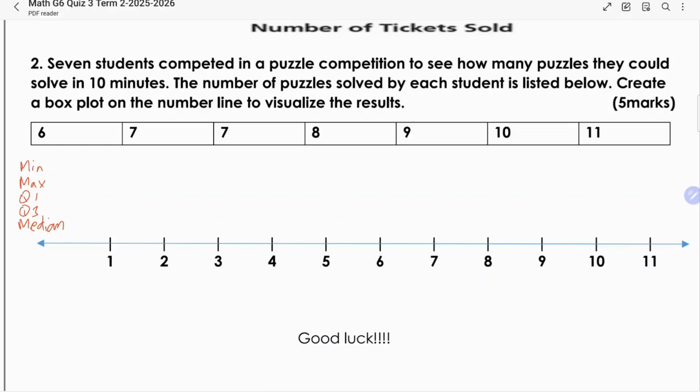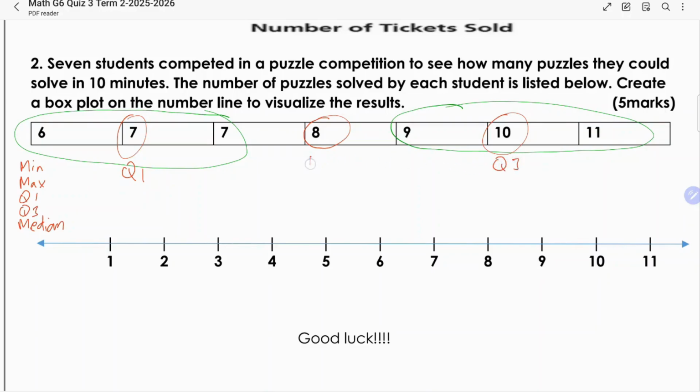So the first thing we're going to do is find the median. It's the middle number. The middle number, as I can see, is 8. Then, as I said before, we're going to find the median on either side of the median we just found. So what's the middle number here? 10. What's the middle number here? 7. So this is Q1. This is Q3.